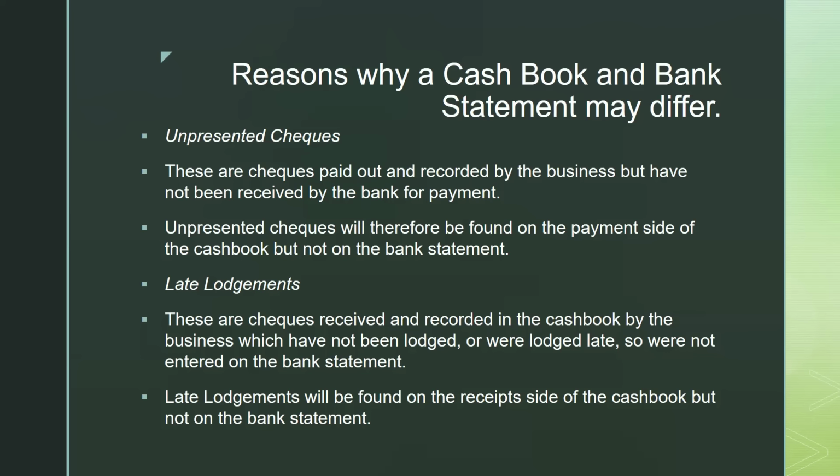No. So because they wouldn't know, I would have a record of it in my cash book, but she would not have a record of it in her bank statement. So that could cause a difference. You understand? Yes, sir. All right.